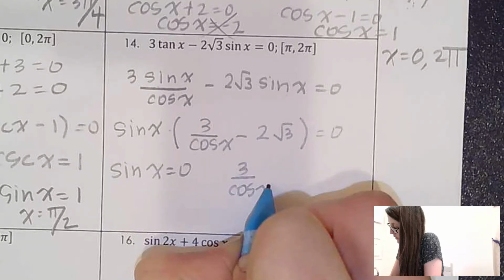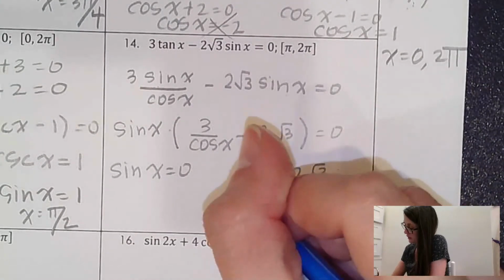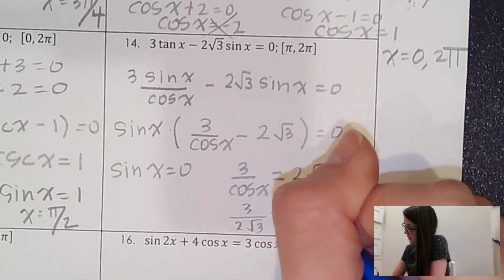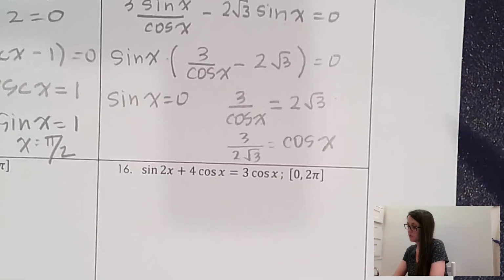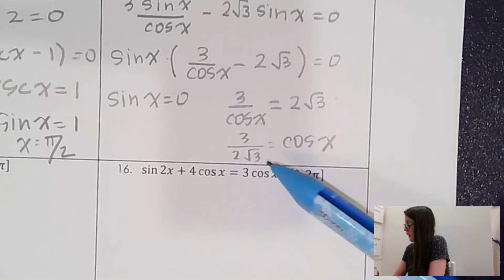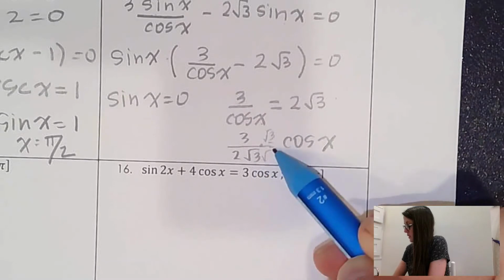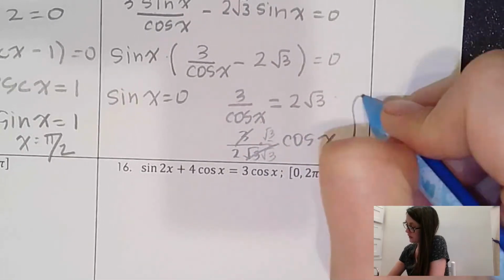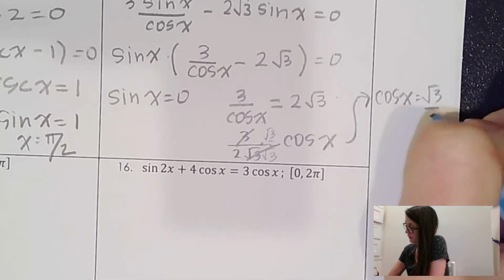If you multiply here, you'll have 3 over 2 square roots of 3. So where is cosine of x equal to 3 over 2 square roots of 3? So then if you rationalize this, that turns into square root of 3 over 2. So where is cosine of x going to be equal to square root of 3 over 2?